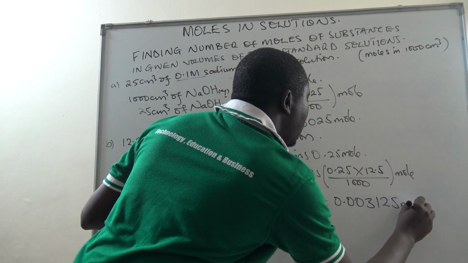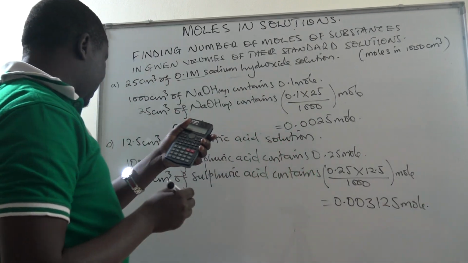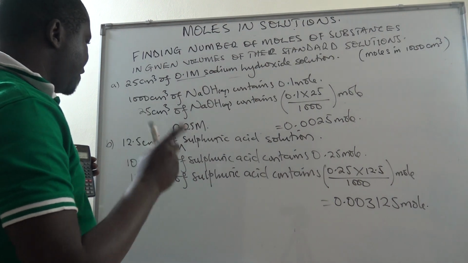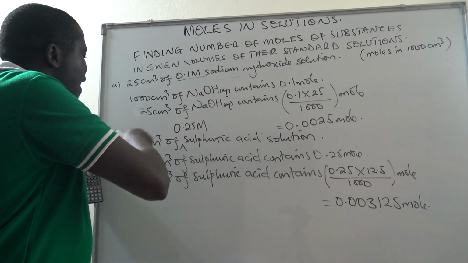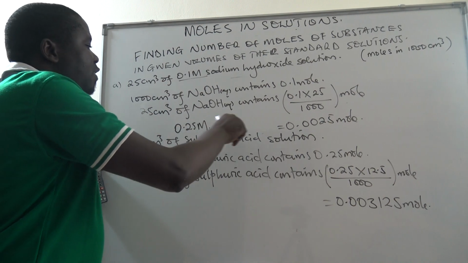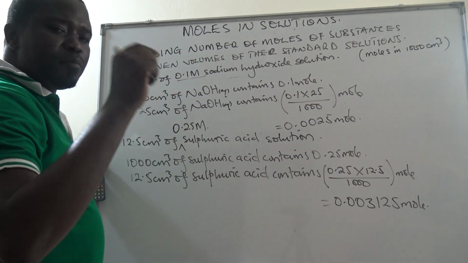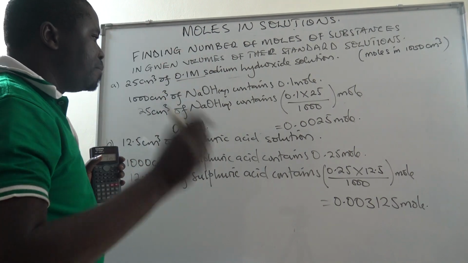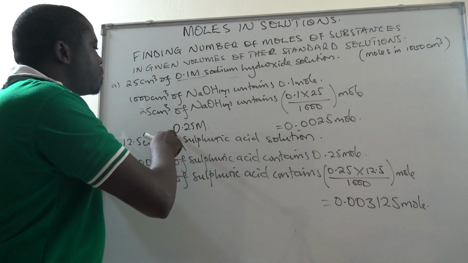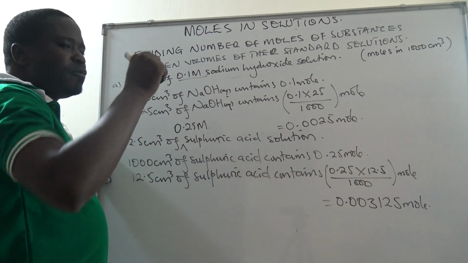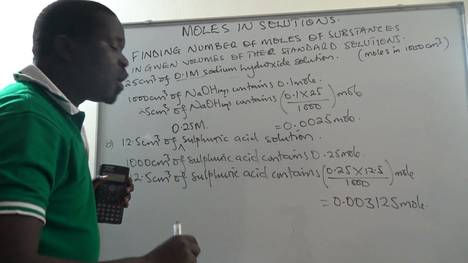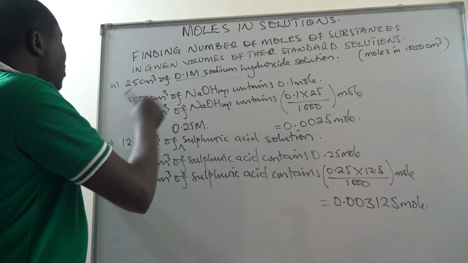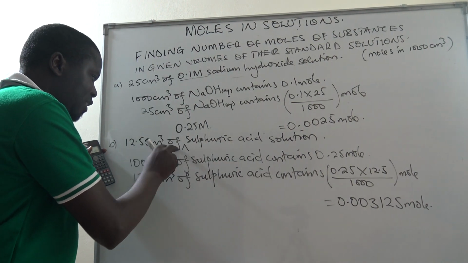We get 0.003125 mole. So in case you have been given the molarity of a solution and some volume of the solution, and they ask you for the number of moles of that substance in that solution, please start by writing a statement to interpret the molarity by starting with 1,000. We are not using liters in this case, we are not using cubic decimeters because our volume is in cubic centimeters.